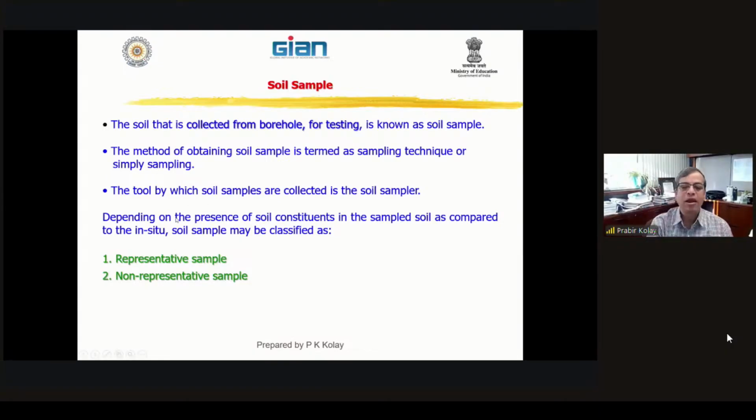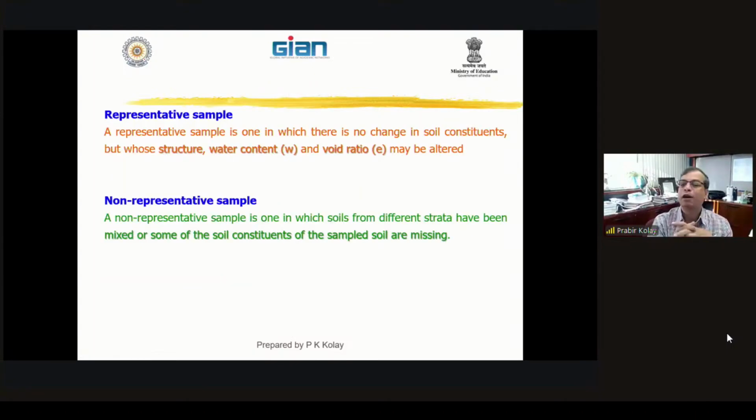Depending on the presence of soil constituents in the sampled soil compared to the in situ soil, the sample may be classified as representative or non-representative. When you collect a soil sample, it may or may not be representative. A representative sample is one in which there is no change in the soil constituents. Sometimes soils from different depths get mixed while hammering, for example in SPT samples.